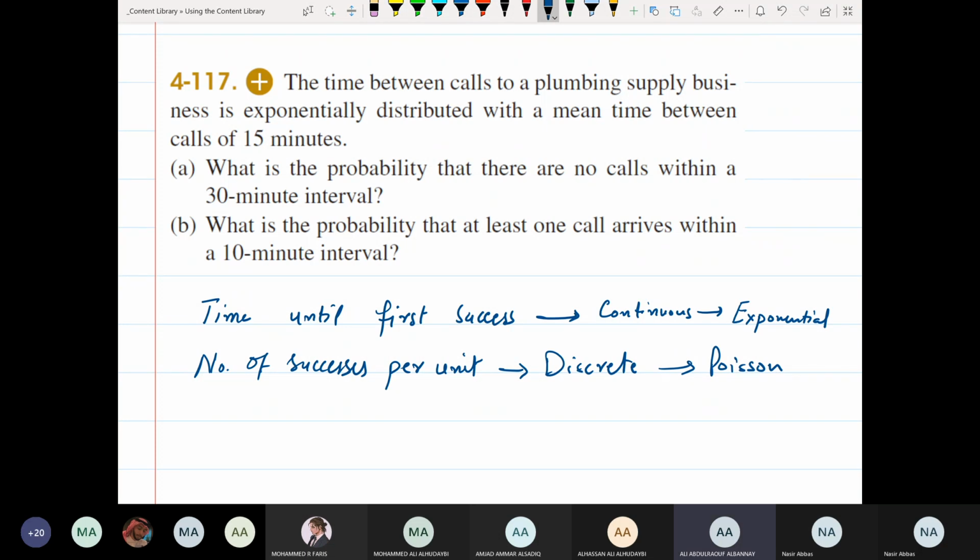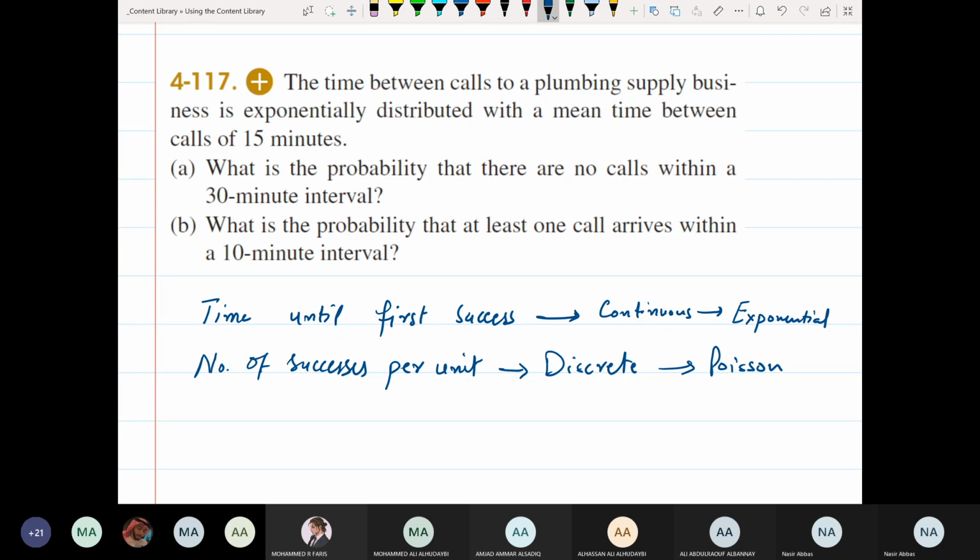Yes, number of something is always discrete. And in the previous chapter, we studied that number of successes per unit is a discrete random variable that follows a Poisson distribution. Number of something per unit, and the unit in part A is per 30 minutes. So these are not the questions from exponential distribution. These are straight away questions from Poisson distribution. You have solved these questions in chapter 3.